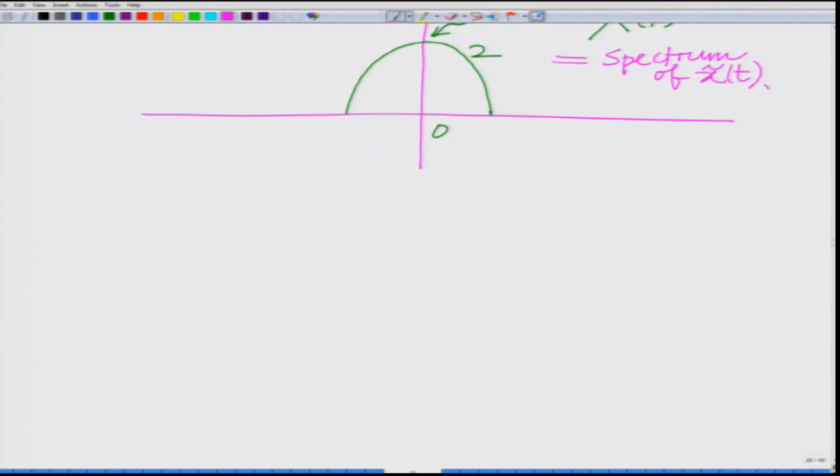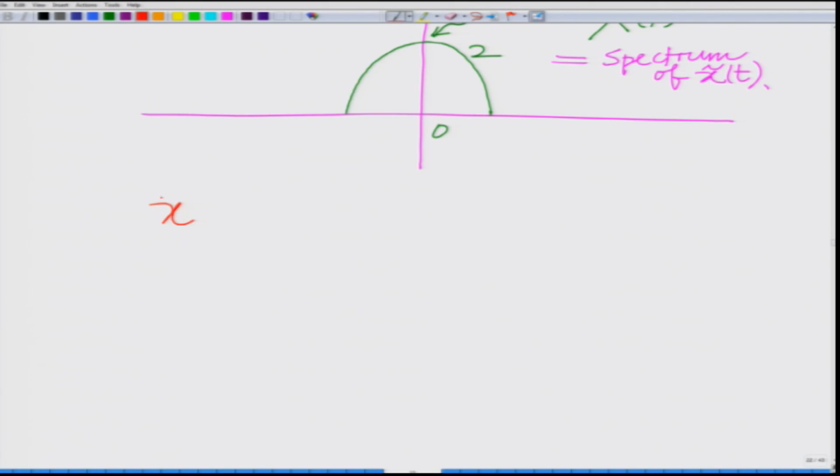So, we are taking this passband signal x t, and we have demonstrated that any passband signal x t can be reduced to an equivalent baseband signal, a complex baseband signal. This complex baseband equivalent signal is denoted by x tilde t, which is given as x t plus j x hat of t times e to the power of minus j 2 pi f c t.